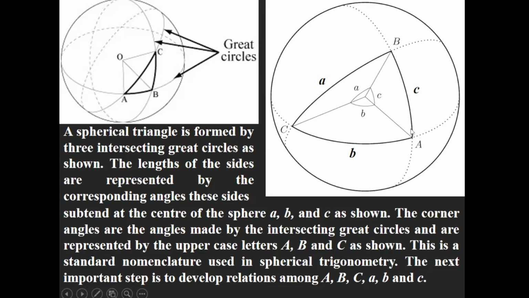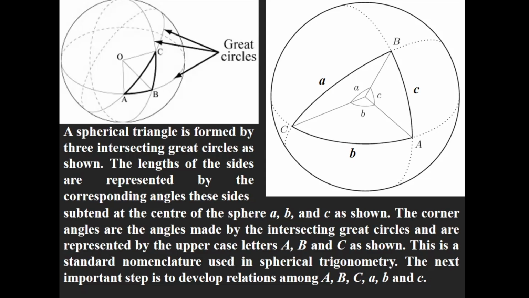This length between A and B we call c, because it is opposite point C, represented by a small letter c, and this is nothing but the angle. And similarly, BC also you can call small a, which is nothing but this angle here, and so this is the basic nomenclature.